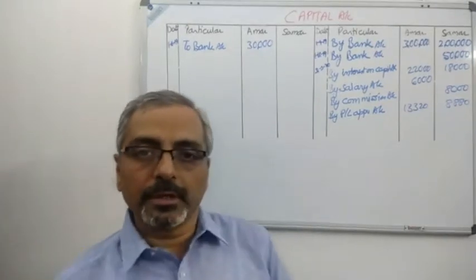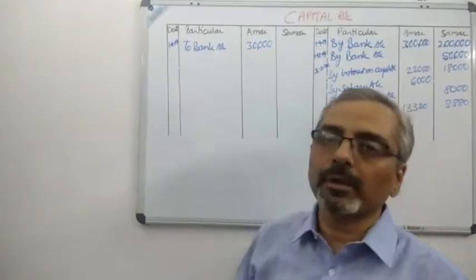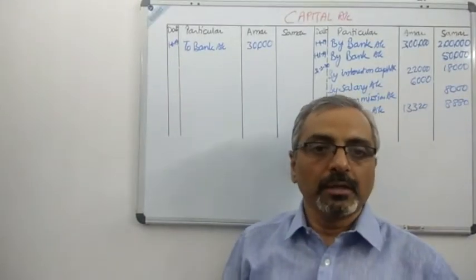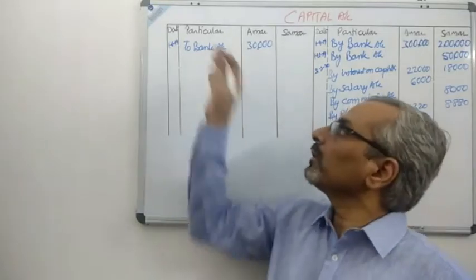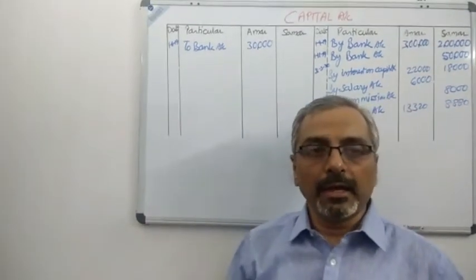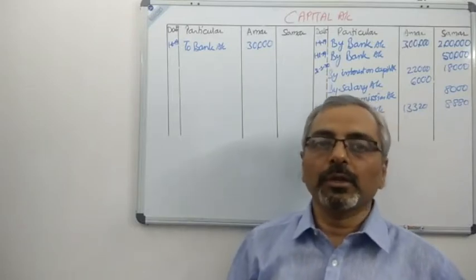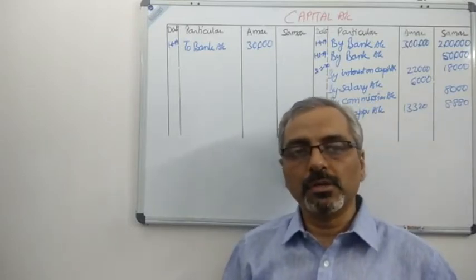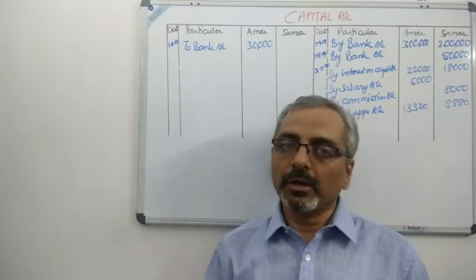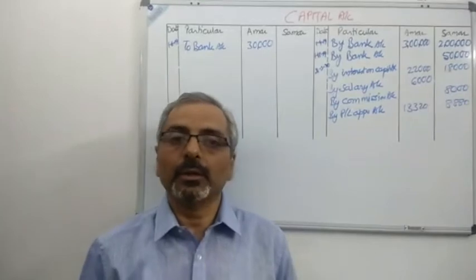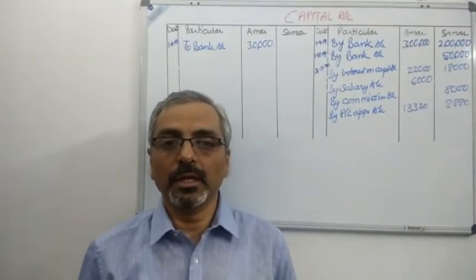Now if we focus our attention on the debit side of the partner's capital account, there will be two more entries over here. One for the drawings made, the date of which is not given, so we'll not write anything in the date column, and the interest on drawing which we had calculated as 1,200 on which date? On the last date of the year, that was 31st March 2020. So we'll write a date for that, but we'll not write any date for the drawings as the question has not given us any date for the drawings.